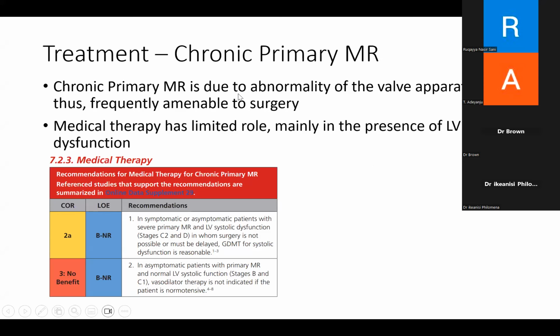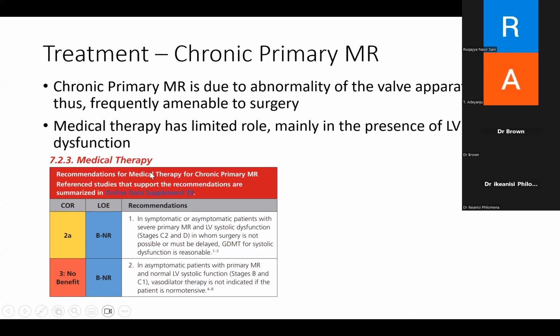So chronic primary MR, like we've said, is due to abnormality of the valve apparatus, but it's not occurring suddenly. So the primary MR is frequently amenable to surgery, and medical treatment has a very limited role, just mainly if there's LV systolic dysfunction.